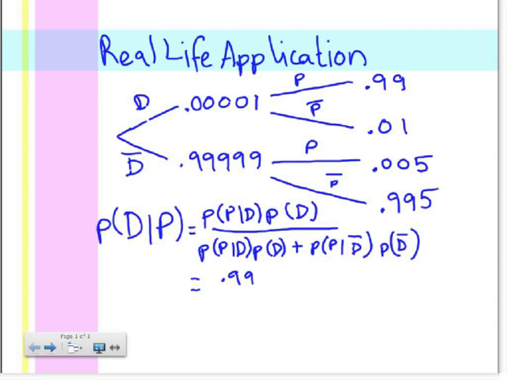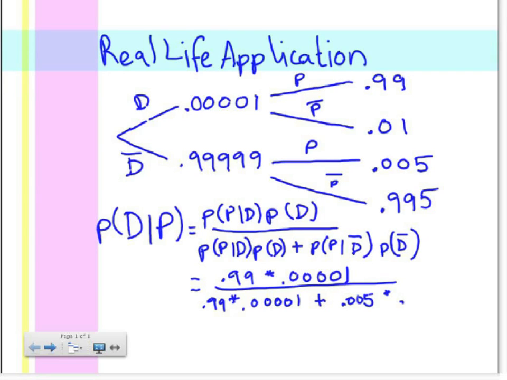We have 0.99 times 0.00001 over 0.99 times 0.00001 again, plus 0.005 times 0.99999. And we actually get that the probability is about 0.002.